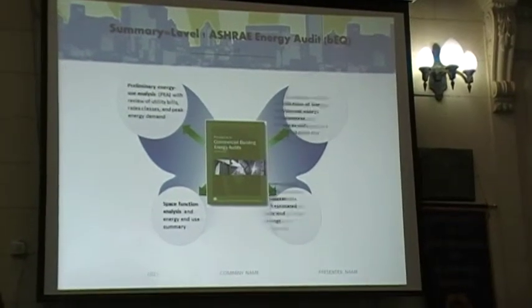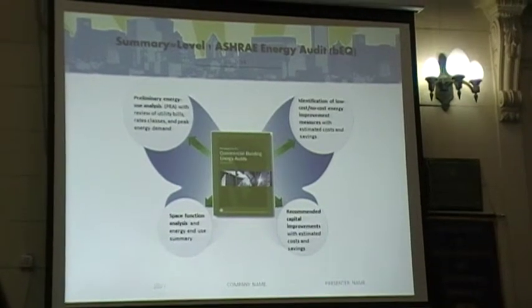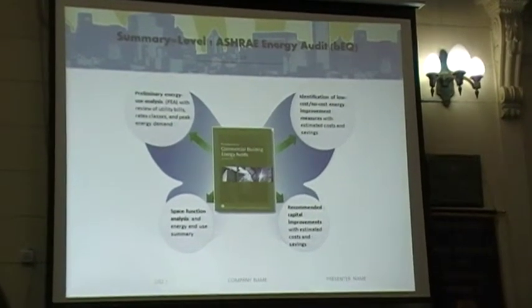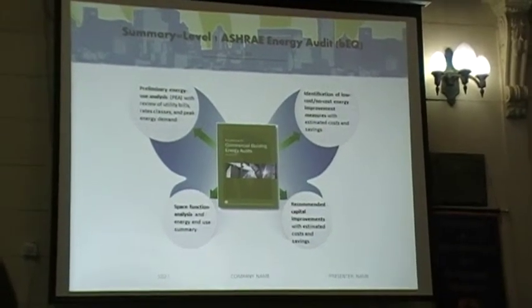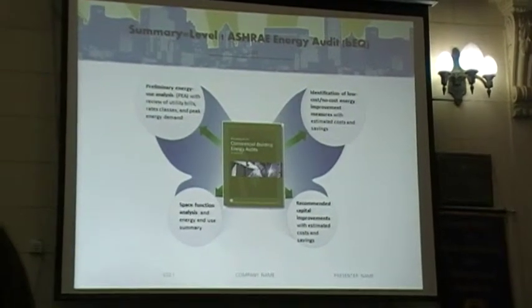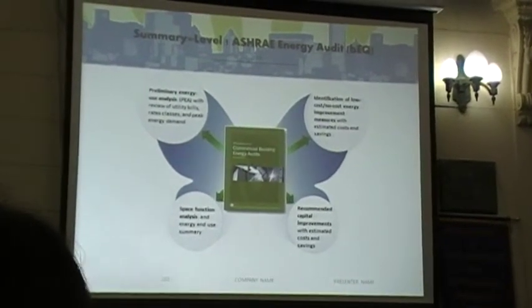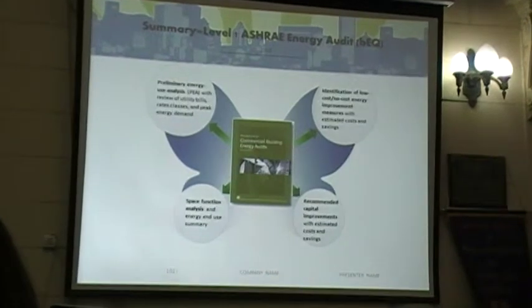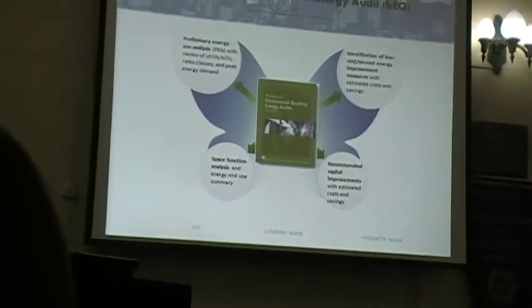But it comes with an ASHRAE Level 1 Plus energy audit, right? So that starts off with a preliminary energy use analysis. You look at the power bills, you look at the energy bills, the gas, the electric, whatever. You look at the demand and how that is taken care of. You do a space function analysis where you look at every space and how it is conditioned.